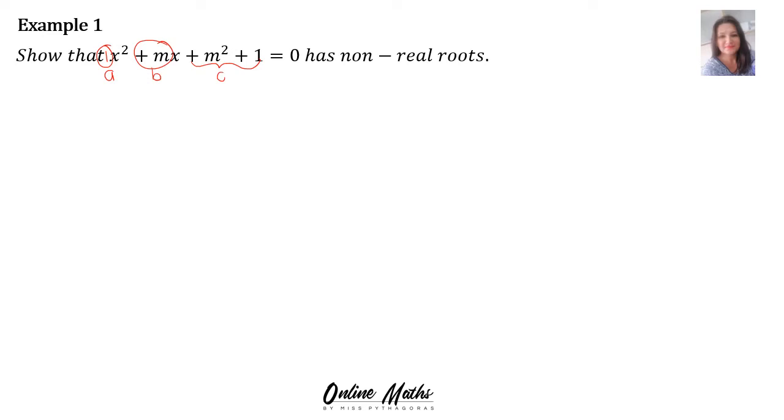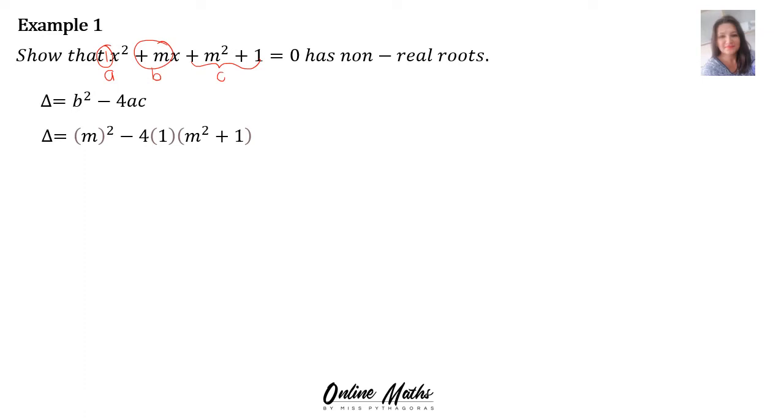Now we work out the discriminant. Delta is equal to b squared minus 4 times a times c. In b's place, it's m squared minus 4, a's value is 1, and c's value is this m squared plus 1.